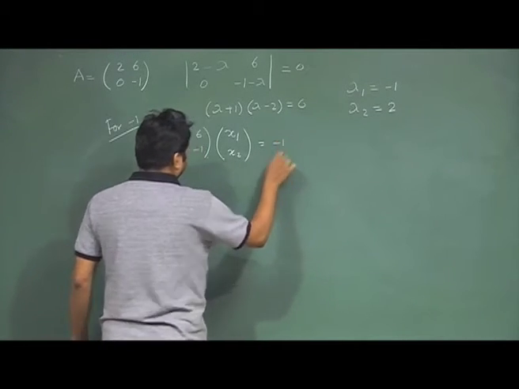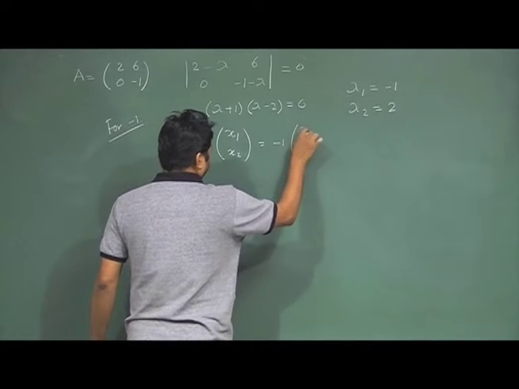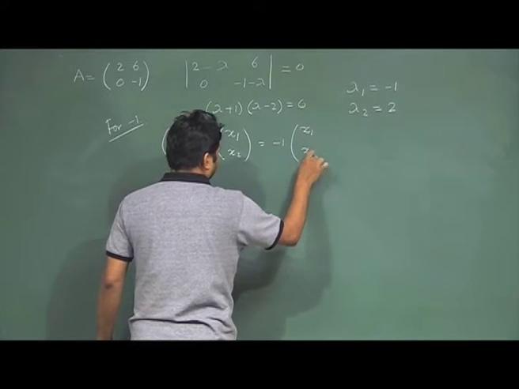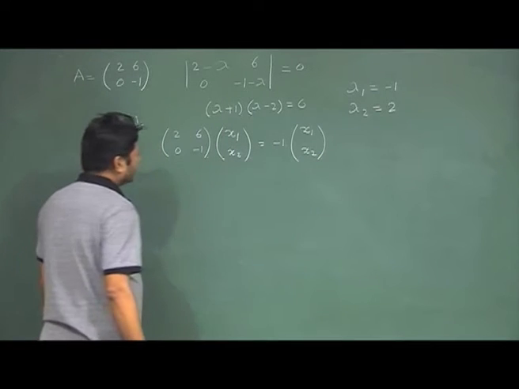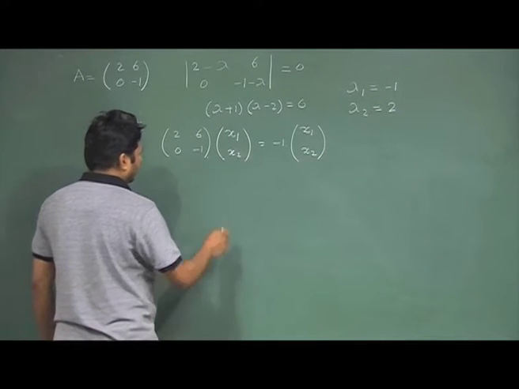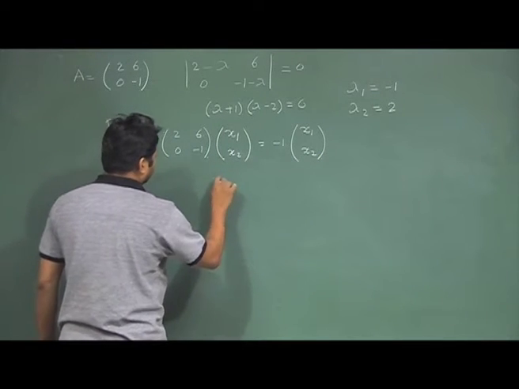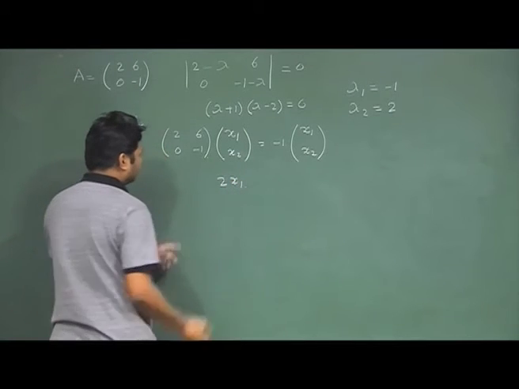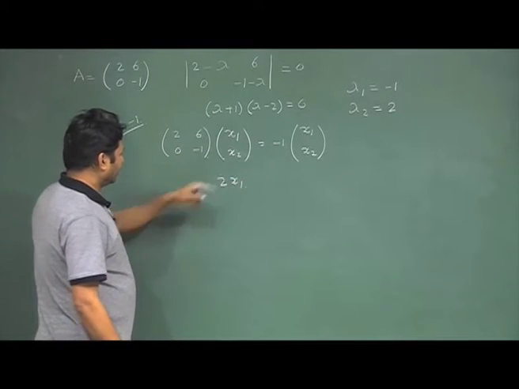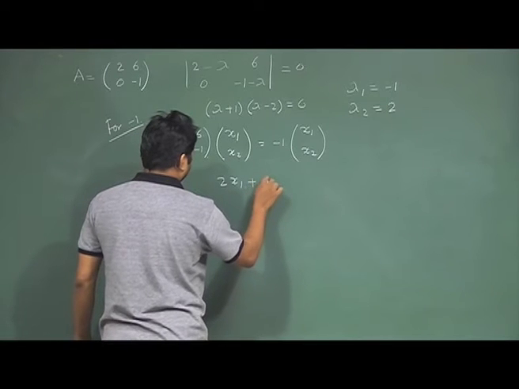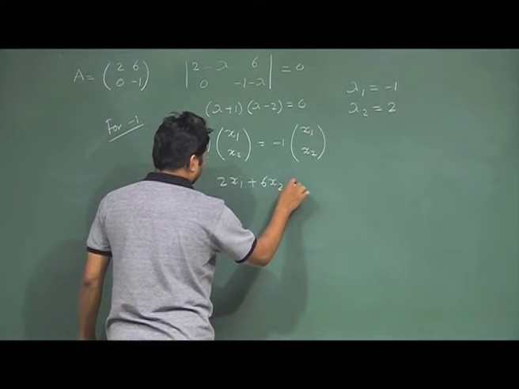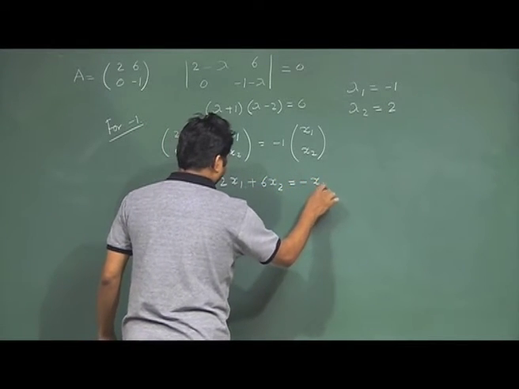So equals minus 1 times x1, x2. What expression am I getting? 2x1 plus 6x2 is equal to minus x1.